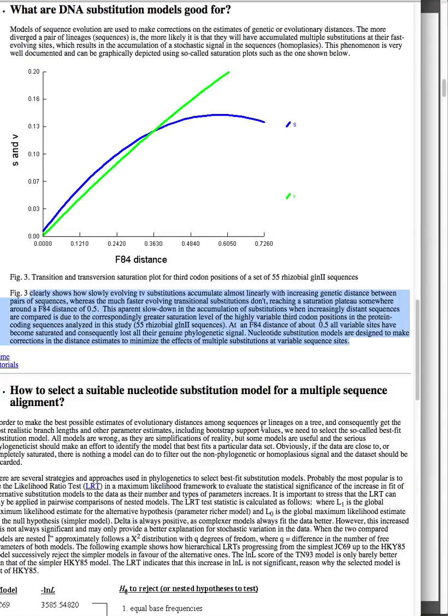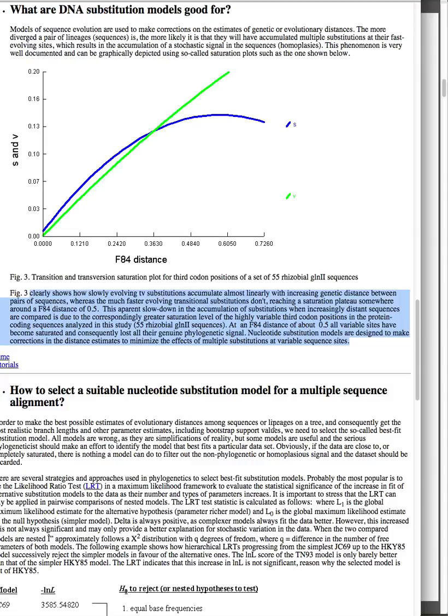In extreme cases, when sequences have experienced full substitution saturation, the similarity between the sequences depends entirely on the similarity of nucleotide frequencies, which doesn't reflect phylogenetic relationships, but more an organismal bias toward incorporating certain nucleotides over others. So how can you tell if you have substitution saturation, that is, that your signal is obscured by multiple substitutions at the same sites? Think about it in terms of a hypothesis. In the absence of saturation, species that have more nucleotide differences are more distantly related, so they'll have accumulated transition and transversion substitutions at a clock-like rate.